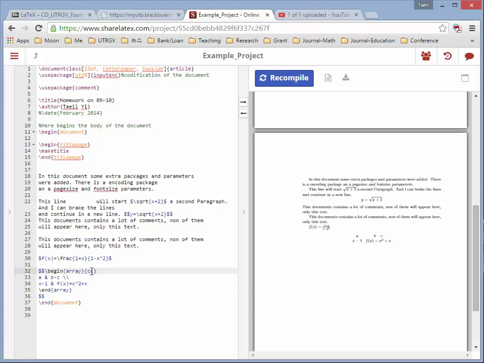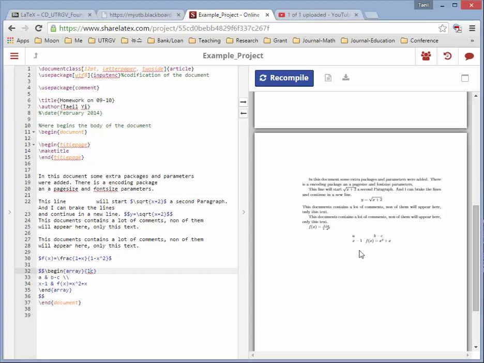So instead of c, let me put rc. R means the right, so the first column is arranged on the right hand side, but the second column is still centralized. See? So instead of r, how about l, left hand side?